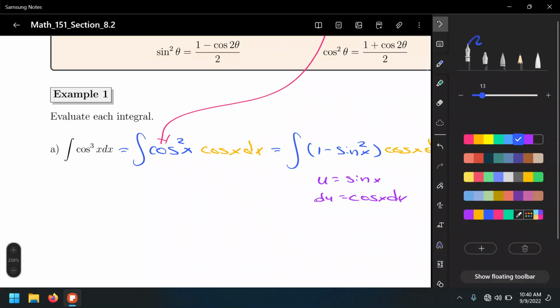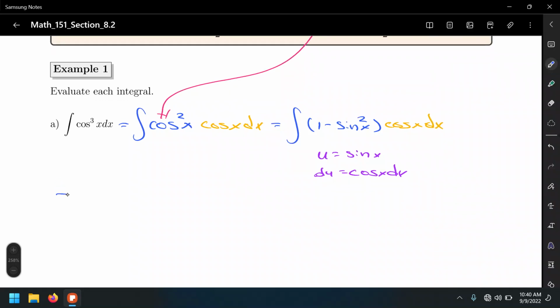Coming back to the integral, this will be the integral of 1 minus u squared, because u equals sine, times this whole quantity cosine x dx, which represents simply du. And all we're doing is integrating this basic polynomial. The integral of 1 is u, minus the integral of u squared, that's u cubed over 3, plus c.